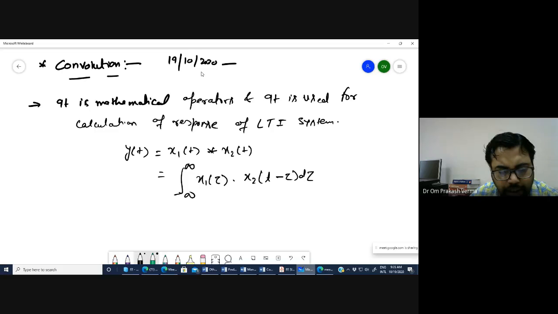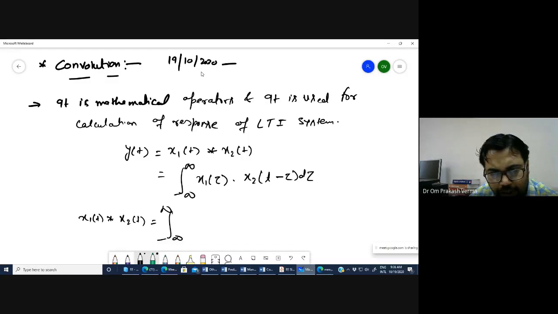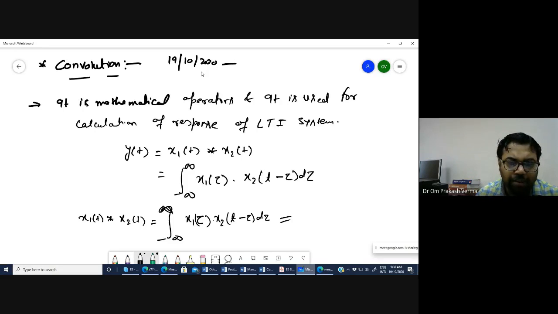So always remember x1(t) convolved with x2(t) is nothing but the integral from minus infinity to infinity of x1(tau) into x2(t minus tau) d tau. Okay, so this one is the definition. This is the formula for the convolution.